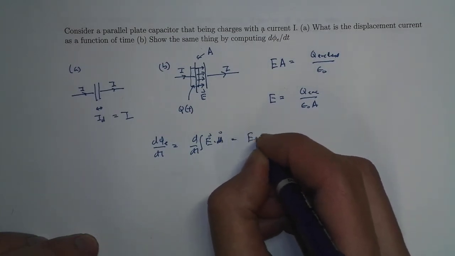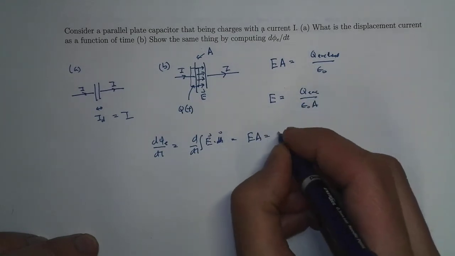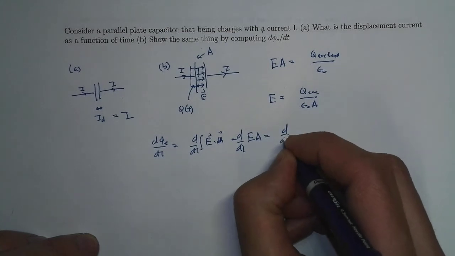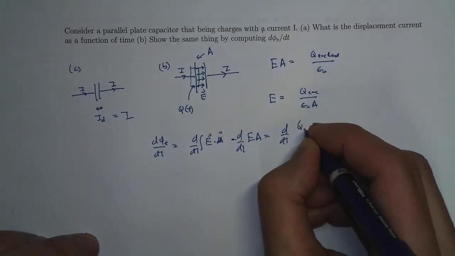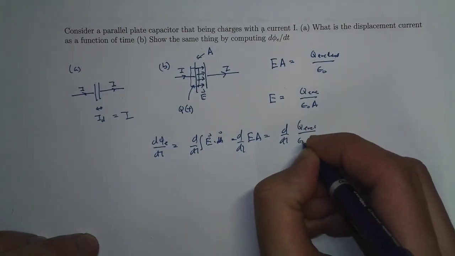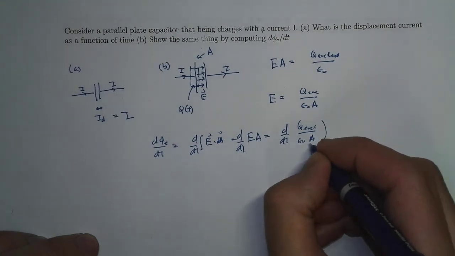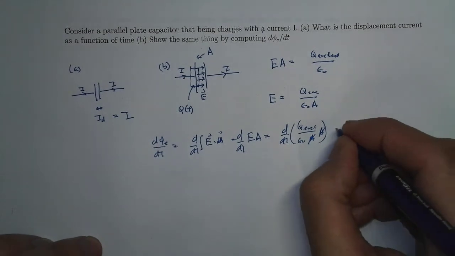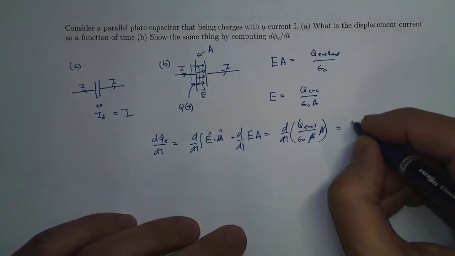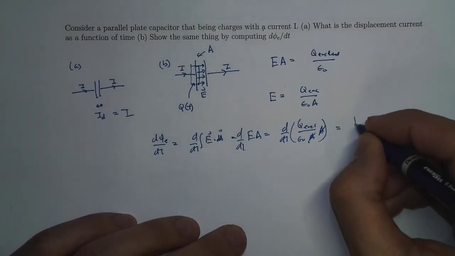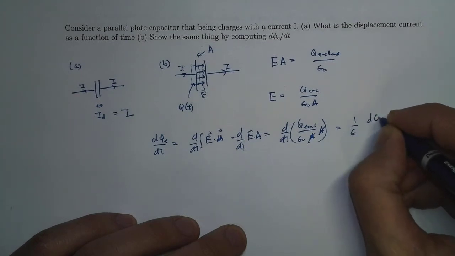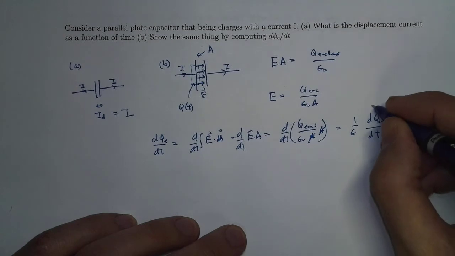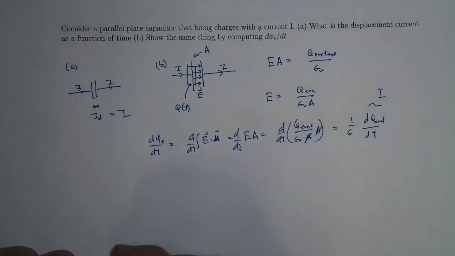So this is just going to be E times A, which is equal to d/dt of Q enclosed divided by epsilon naught A, times A again. So the A's cancel each other out. This is simply 1 over epsilon naught times dQ enclosed/dt. But this is just simply I.